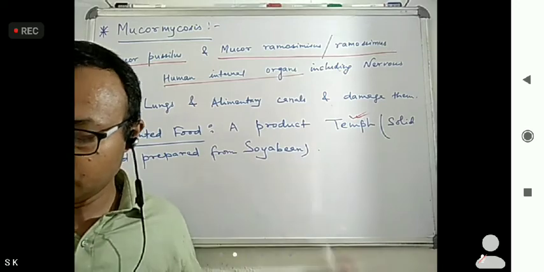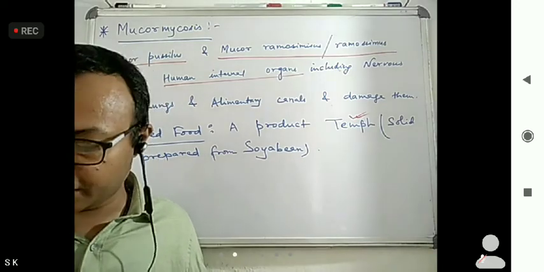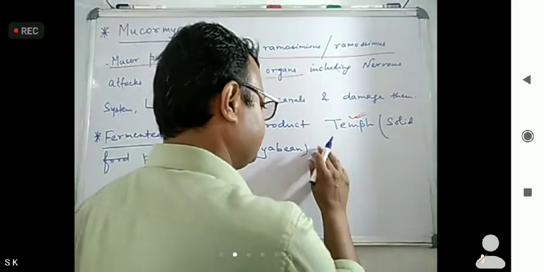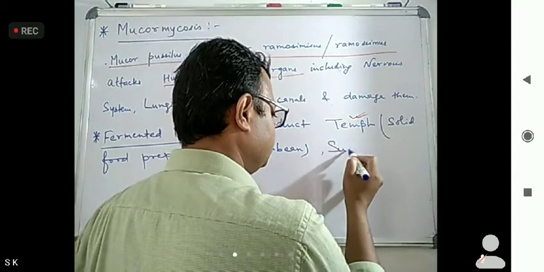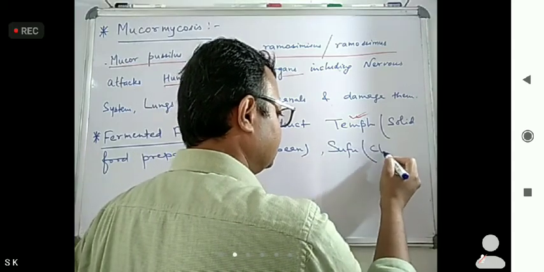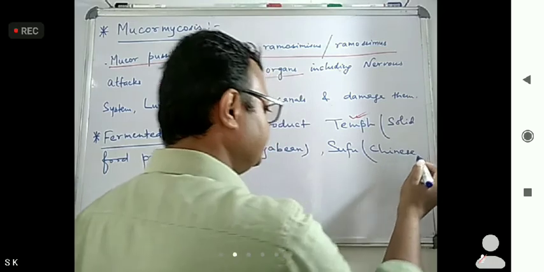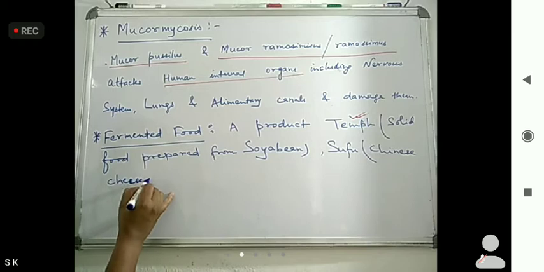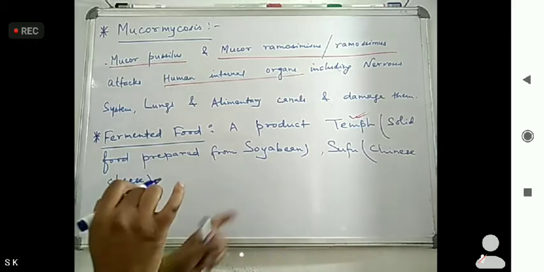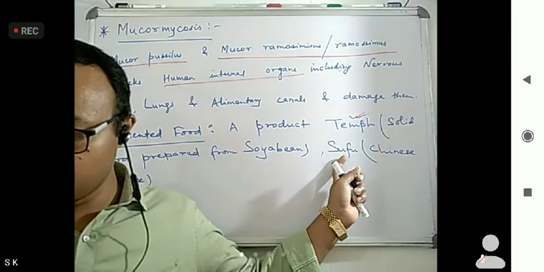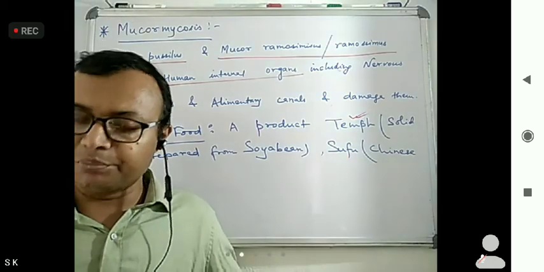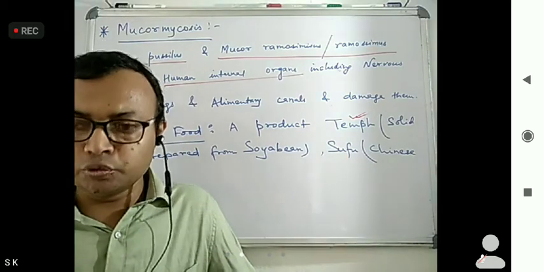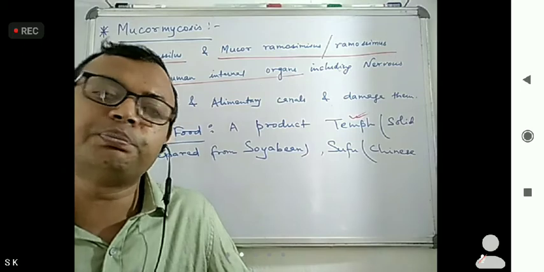Another one is there, sufu, that is known as Chinese cheese. Okay, so this tempeh and sufu are prepared with the help of rhizopus and mucor respectively.